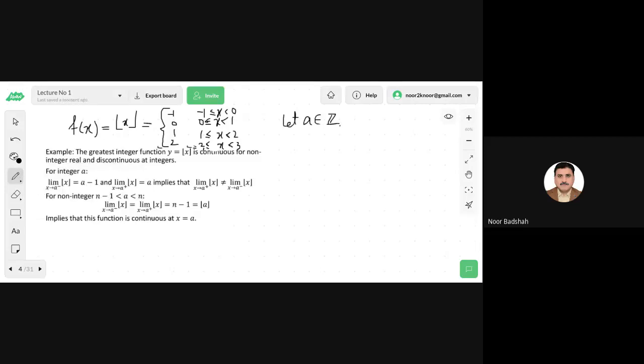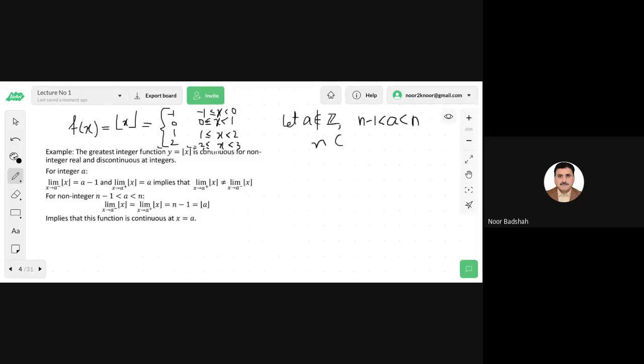If a doesn't belong to Z, it's a very common thing. You know that if a is a non-integer, still a can be written between two integers. We can write the non-integer a between two consecutive integers, n is an integer, right?